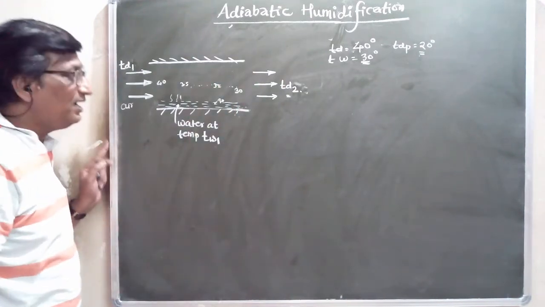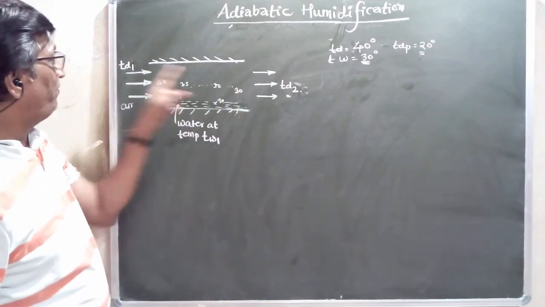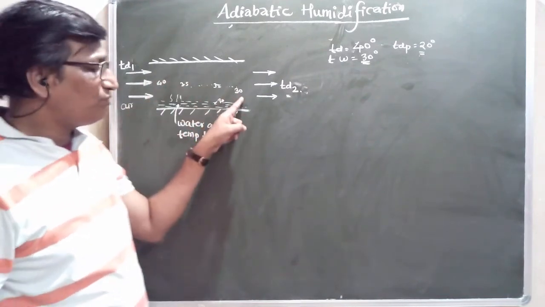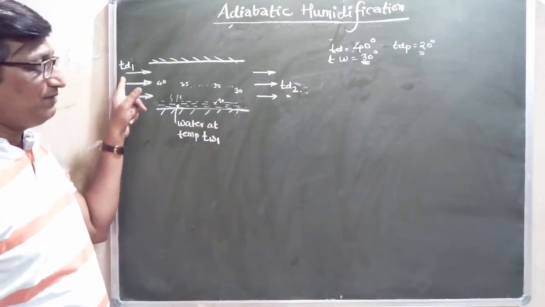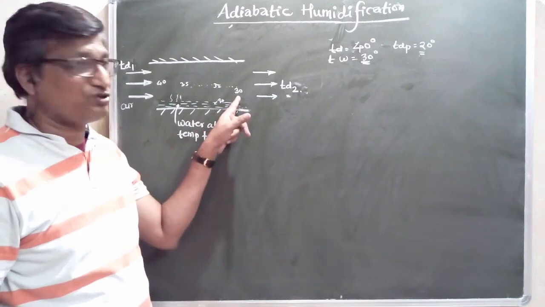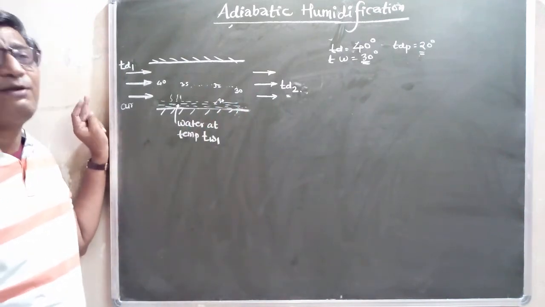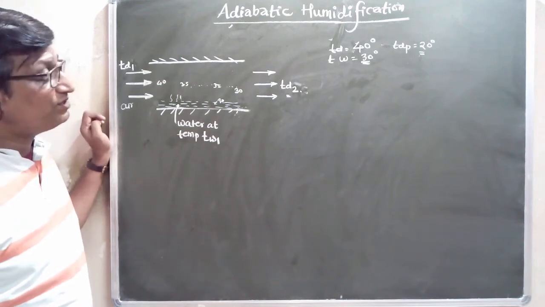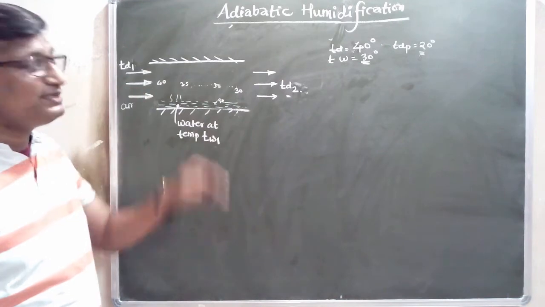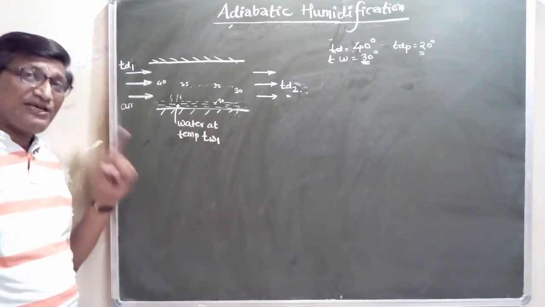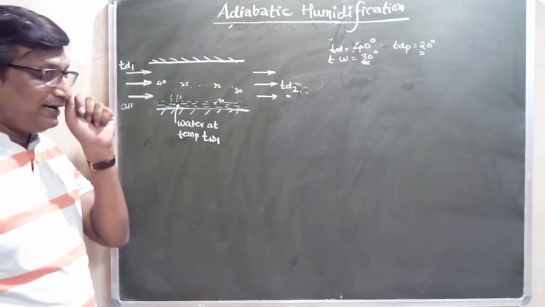Now if you see, at the end of this process, the temperature of the air is equal to the wet bulb temperature of this air. So the dry bulb temperature is equal to the wet bulb temperature, which means it is at saturation. That means the air will be saturated at that point.